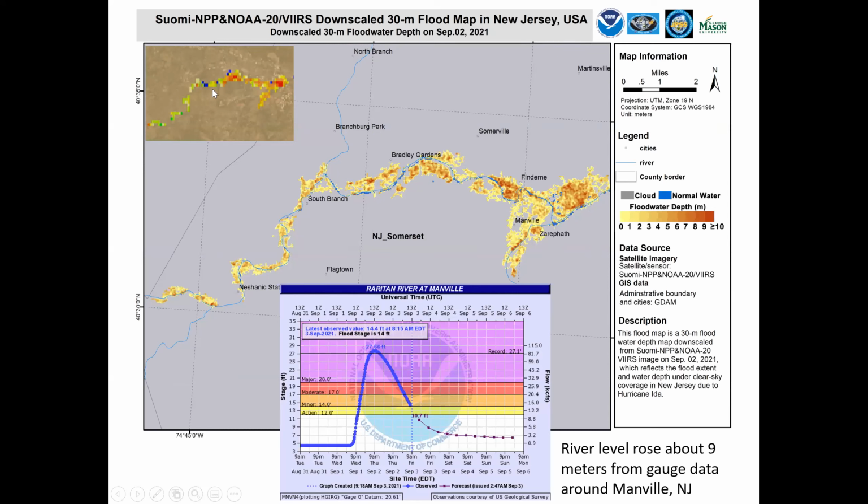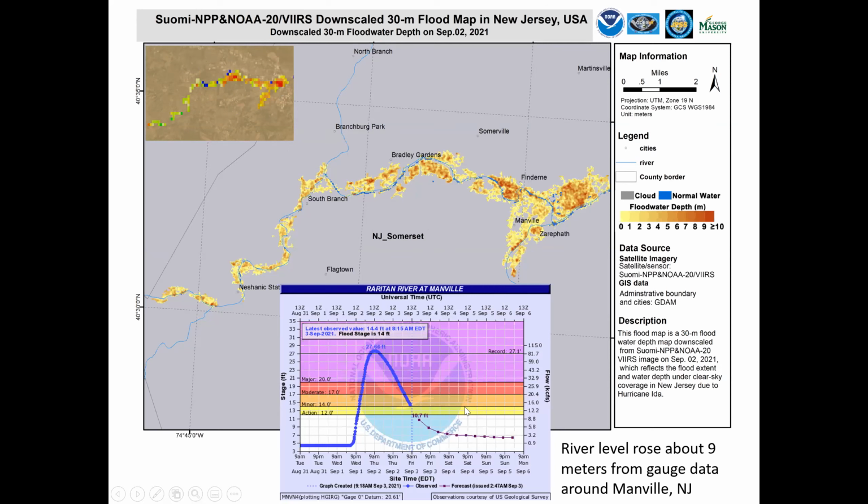On the top left corner is the original VIIRS 375-meter flood map in this region. We see there is some flood water, but with quite moderate spatial resolution. With the downscaling process, we got a pretty good flood water depth map. The flood water depth is from 1 meter to about 8 meters.